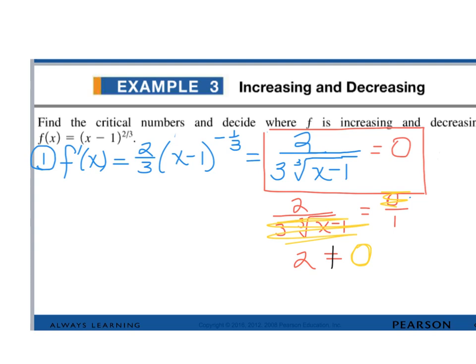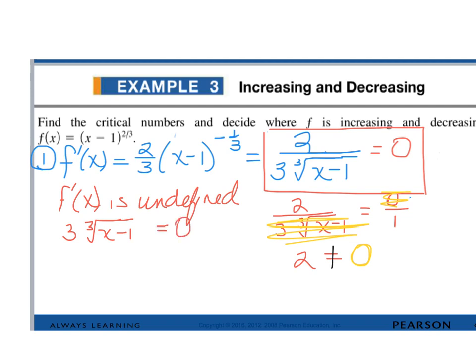However, remember, you also need to find out where f prime of x is undefined. And for that, we have to consider, when would 3 times the cube root of x minus 1 be equal to 0, because division by 0 is undefined.